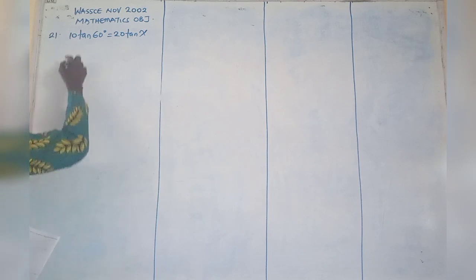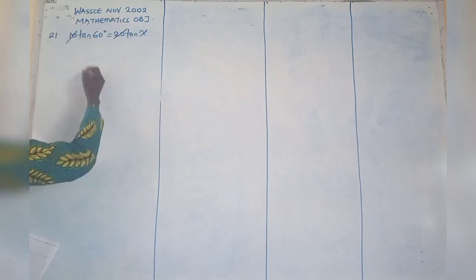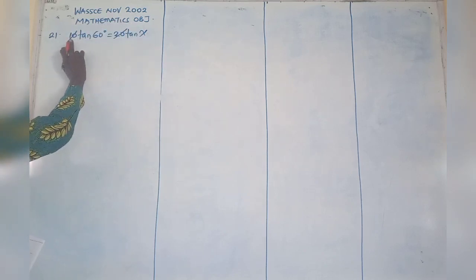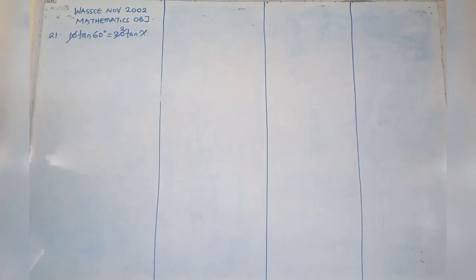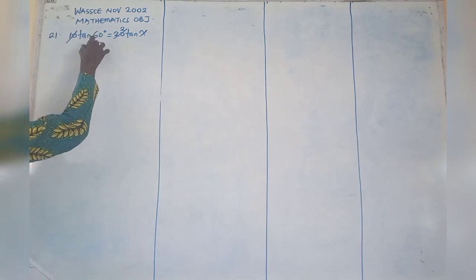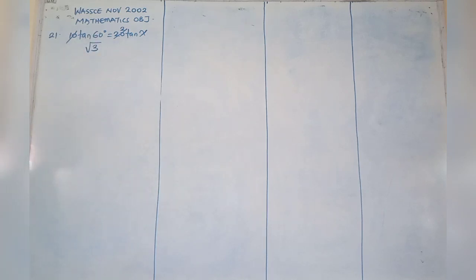So the first thing you want to do is to divide. So you have 2 tan x on the left here. Then what is tan 60? Tan 60 is root 3. Tan 60 is a standard angle.